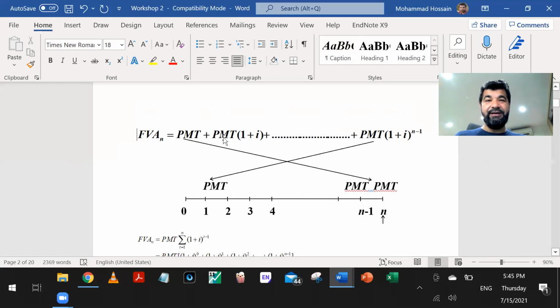Now going back. So 1 plus I, and look here, we do not show any power on top. In fact, it has a power on top.